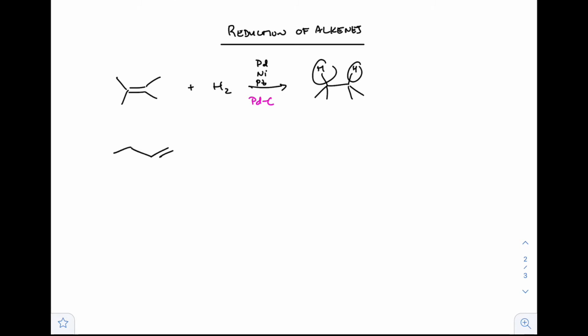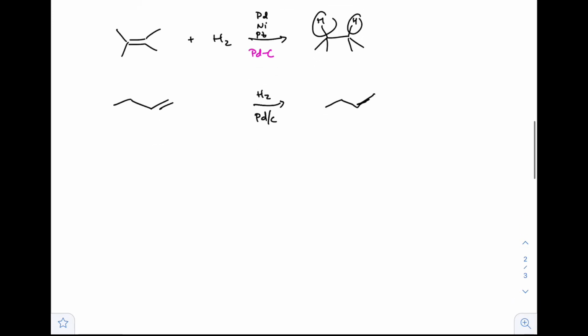Okay. Let's do a couple more just to give you a look at it. So we have another, this would be butene with H2. I'm putting it over the reaction arrow just so you can get another look at how it might be presented. And palladium on carbon to make butane.